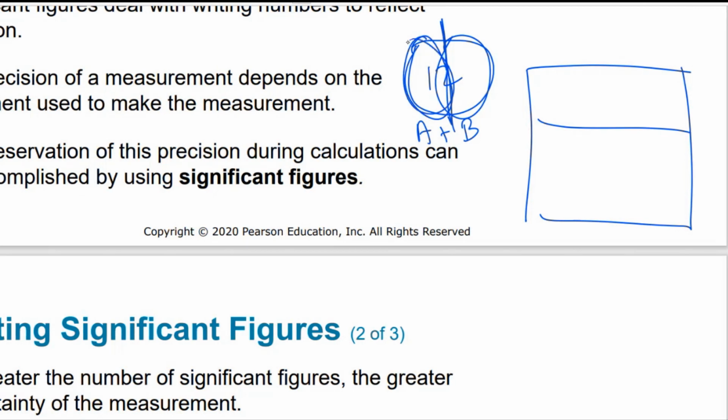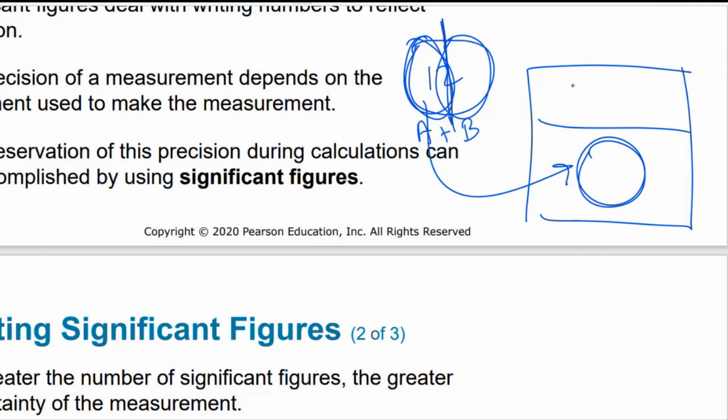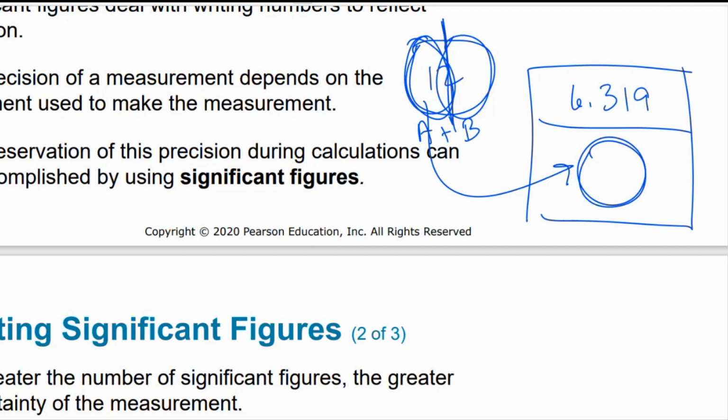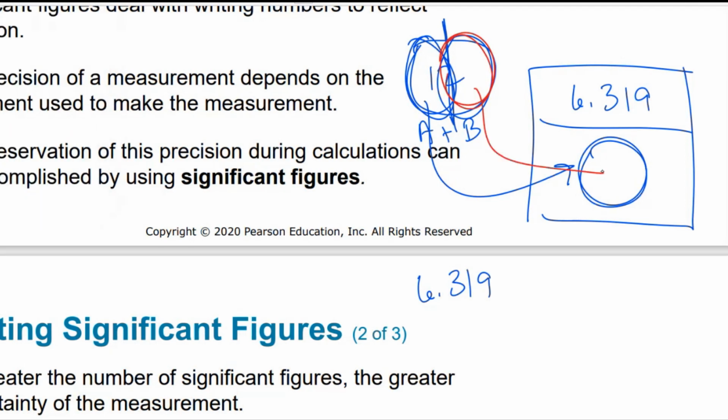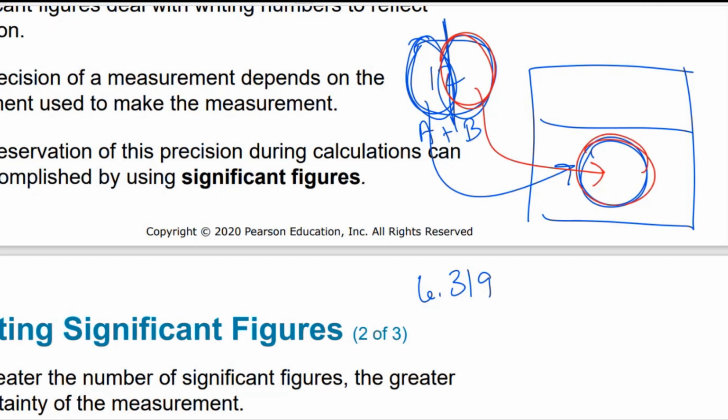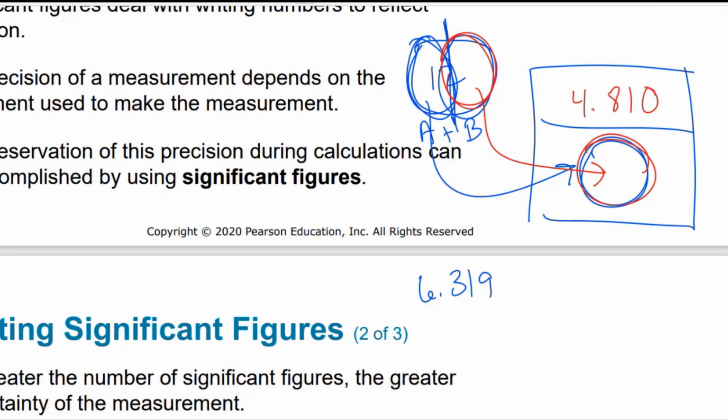So I take the first half and I put it on my scale, and I get 6.319 grams. I'm going to record that 6.319. And then I take my second half and put it on the scale, and let's say I get 4.810 grams.